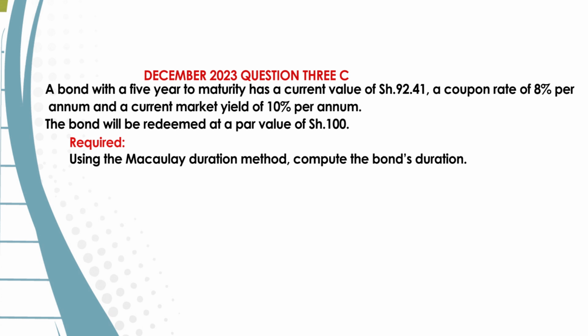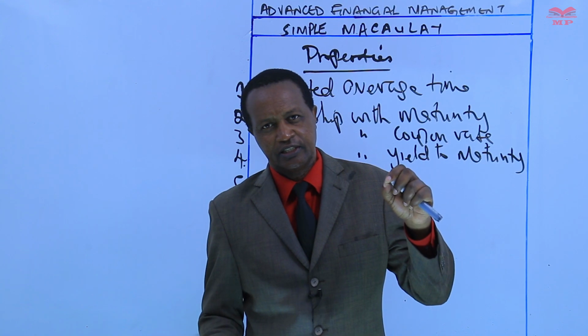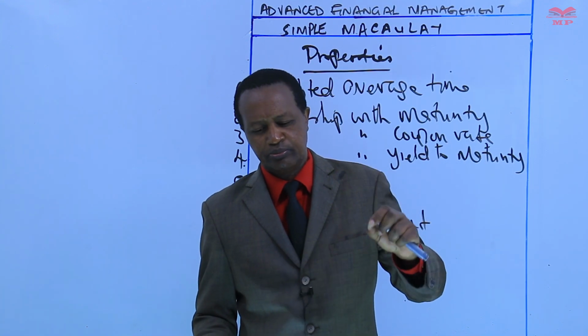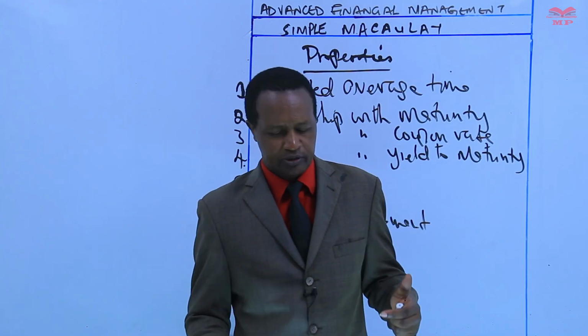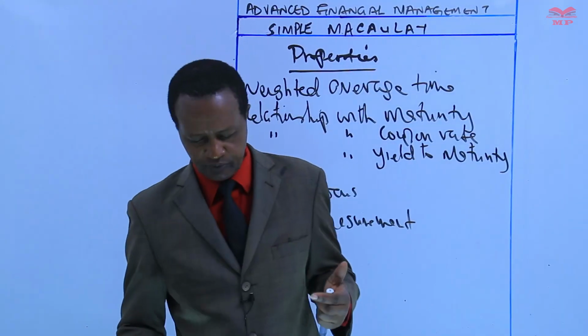Required, using the Macaulay duration, compute the bond's duration. And candidates, we've defined the Macaulay duration as the average time taken to recoup the benefits of the bond, which comprises of the coupon and the redemption value.